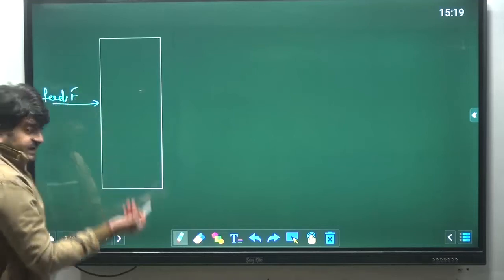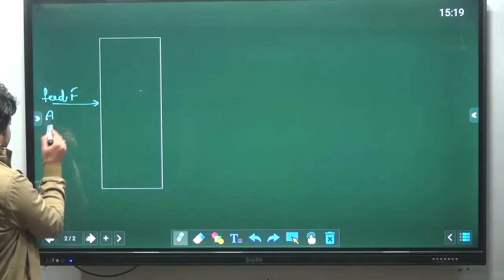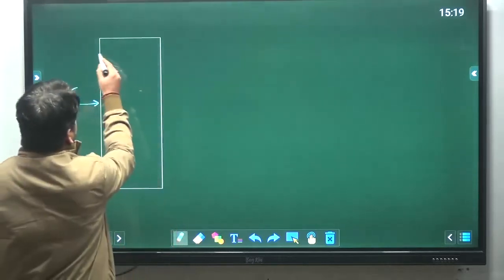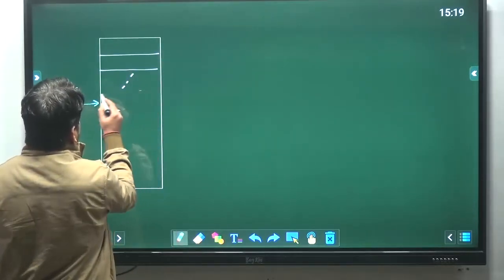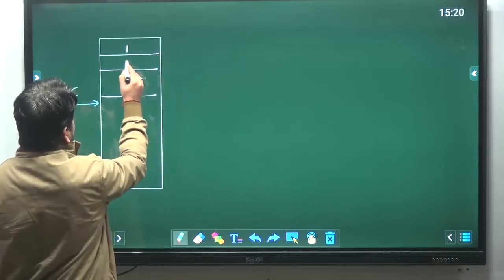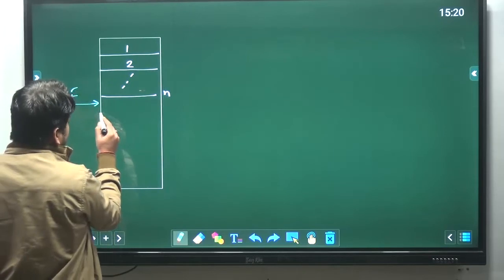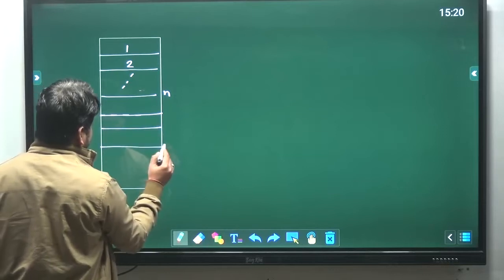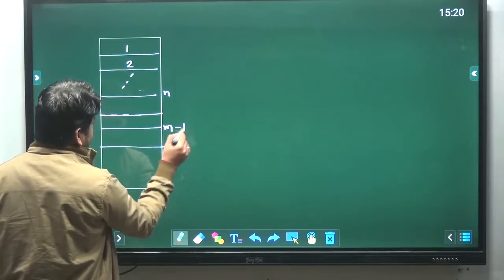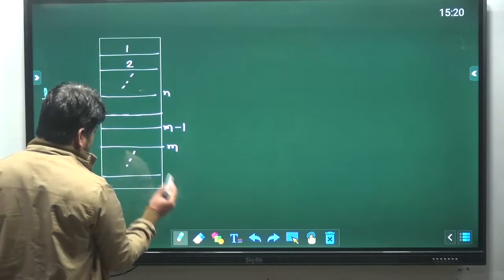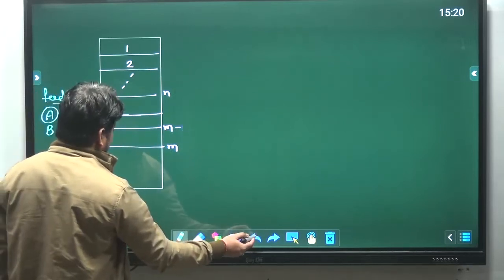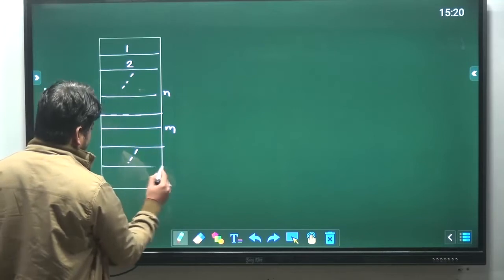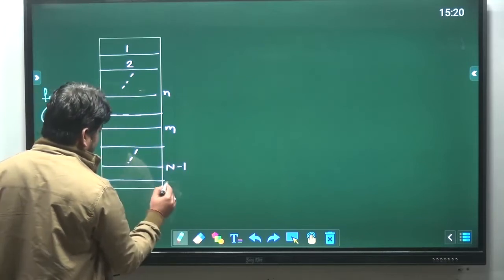So this feed, let's say F, is going in, having two components A and B, and A is the more volatile component. Number of stages 1, 2, let's say this is a small n. This is n minus 1, n.